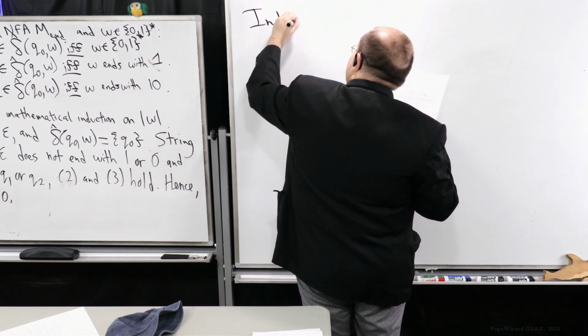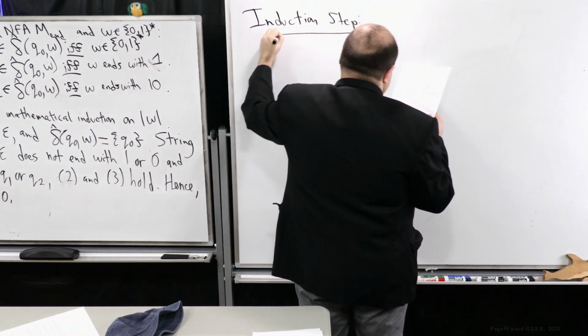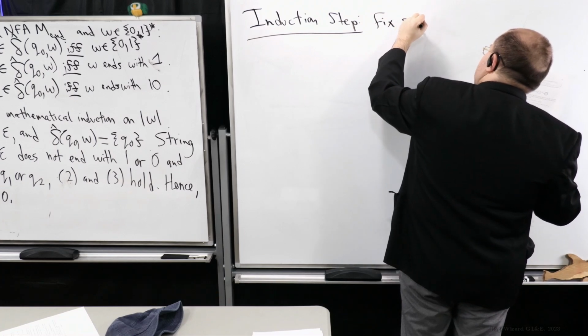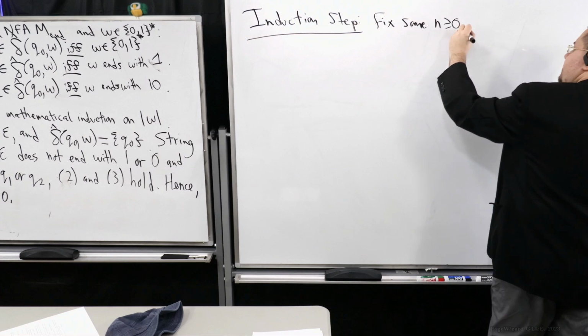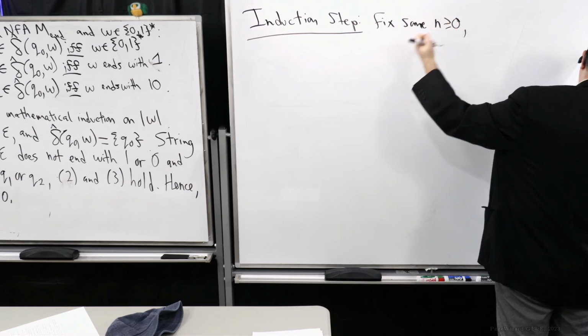Well, now let's consider the induction step. We're going to fix some n greater or equal to 0, right? Because we proved it up to and including 0, right? So I'm going to go up one notch.